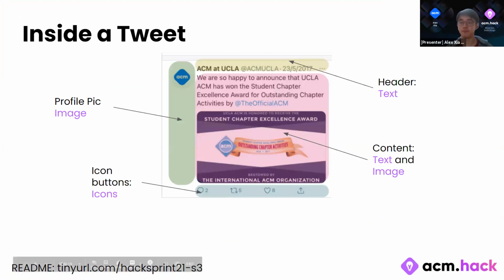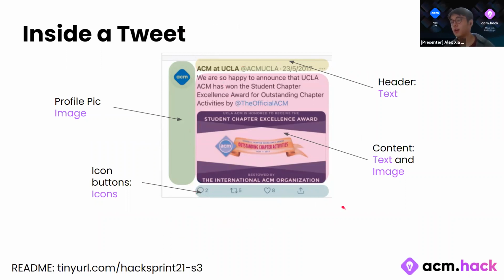Okay, what's in a tweet? We can break down our tweet as, for example, one main view containing the entire tweet, and then maybe one view containing the profile picture, and then another view containing all of these three highlighted, the yellow, the red, and the blue.